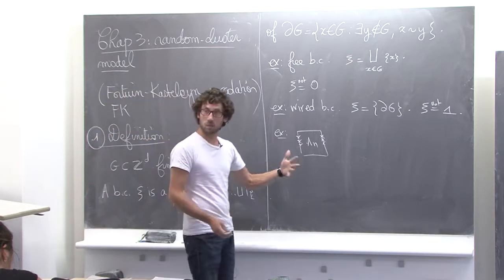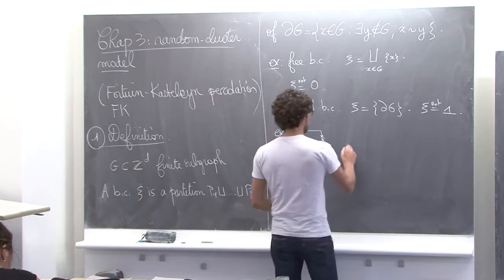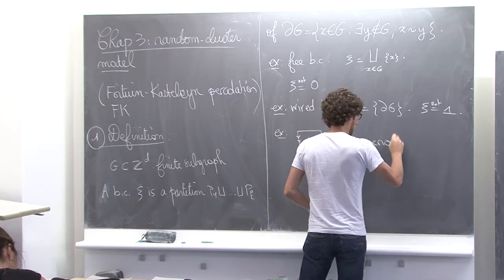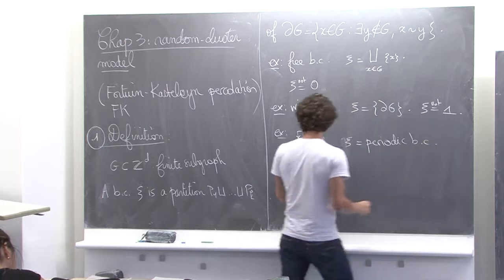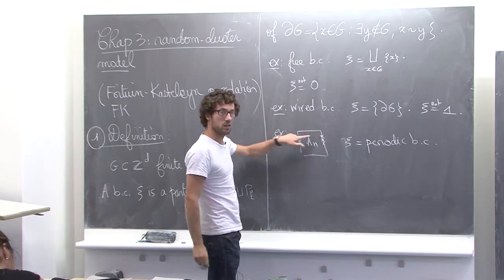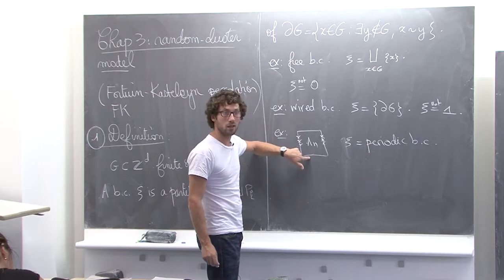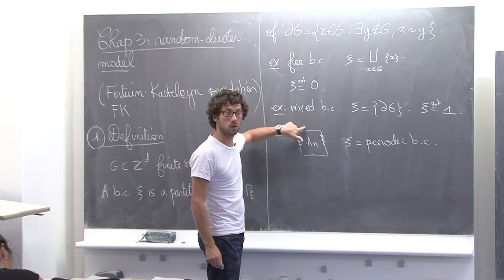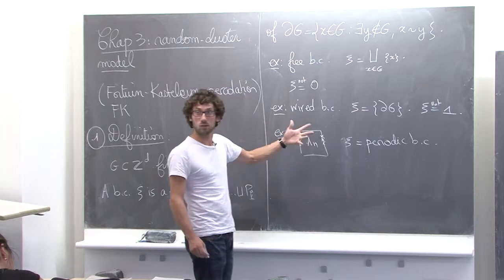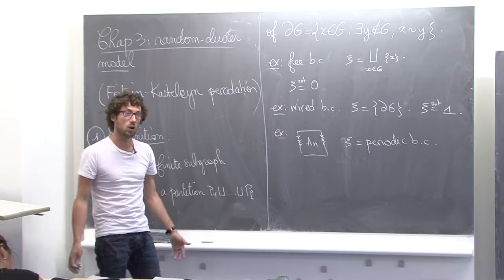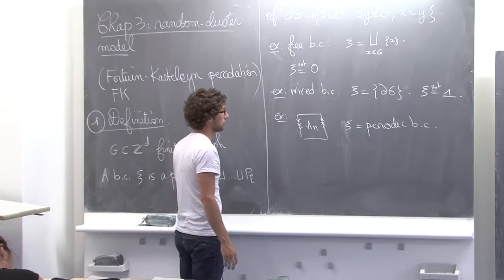So you can construct periodic boundary conditions by just saying, okay, (i,0) is connected to (i,n), and (0,i) is connected to (n,i). That gives you an effective torus. It's like your graph is now on a torus. Your model is on a torus.